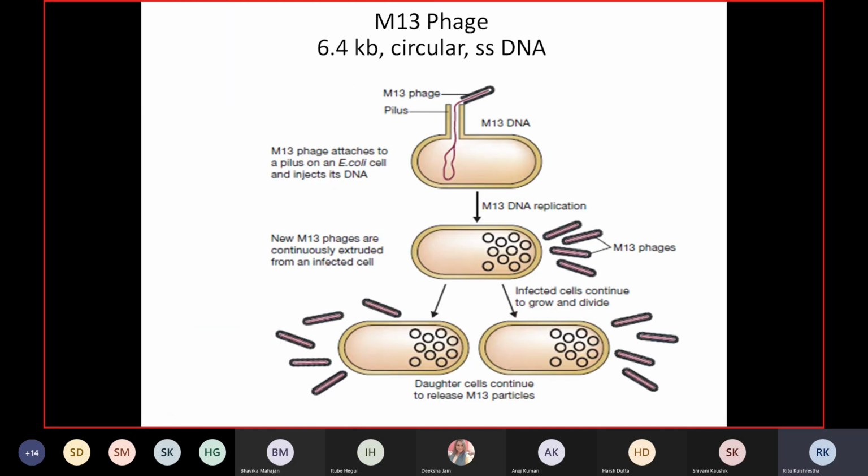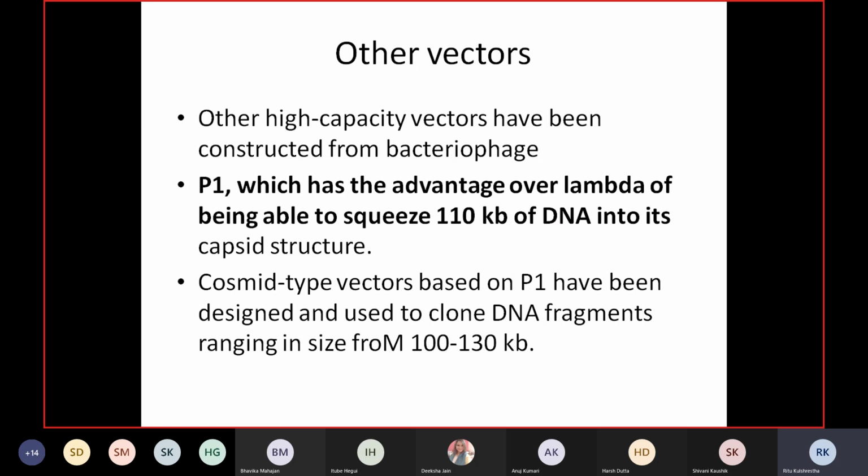If you remember, I had introduced you to P1 phage, which has comparatively higher cloning capacity as compared to lambda phage.